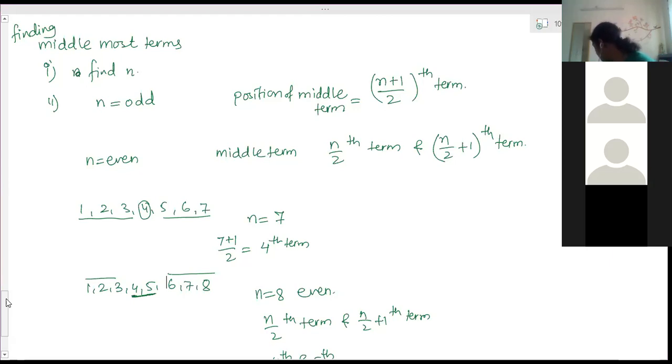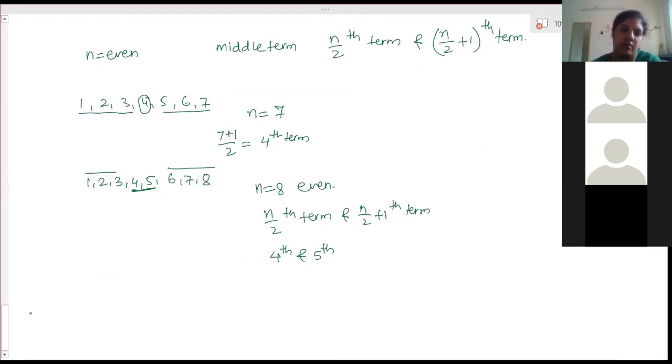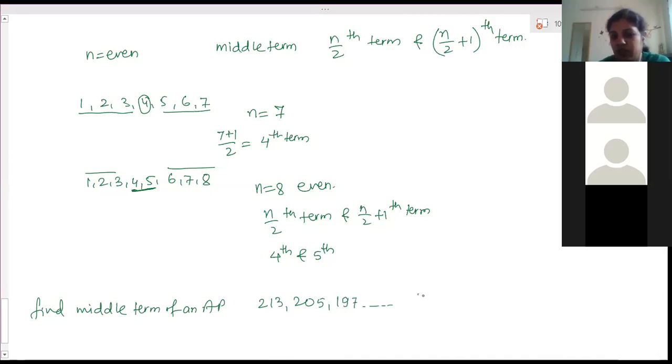Find the middle term of the AP 213, 205, 197, and so on, where the last term is 37. For this AP, you have to find the middlemost term.